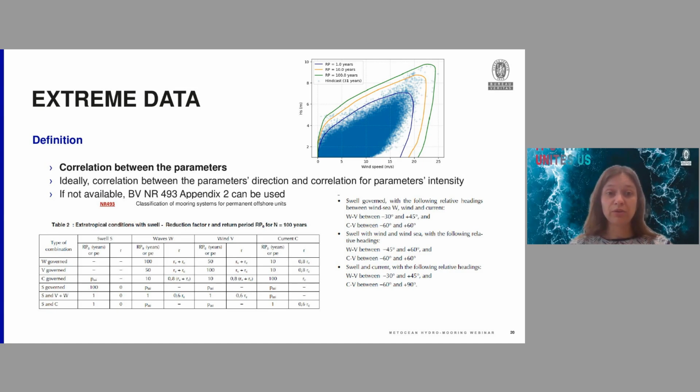And if it's not available, in BV rules NR 493 in Appendix 2, we can find guidance to help recreate this correlation. Here on the slide, the example for extratropical conditions with a correlation between the intensity of the parameters, meaning the wave height, wind speed, and current speed, and the correlation between the wind direction, wave direction, and current direction.